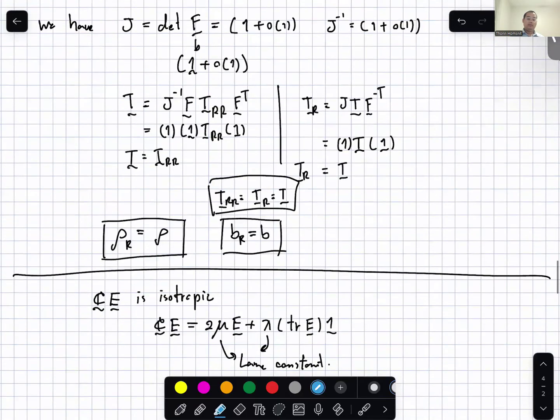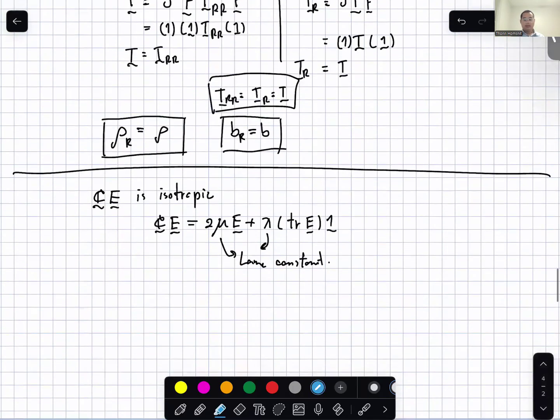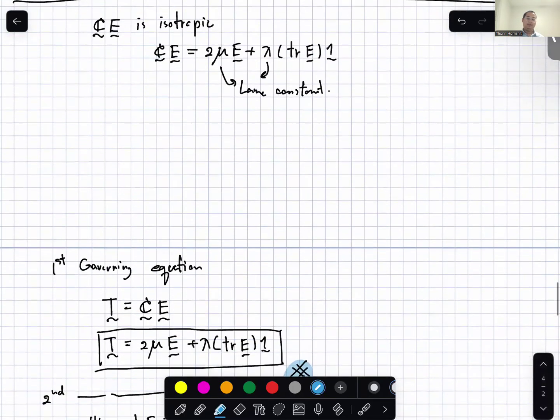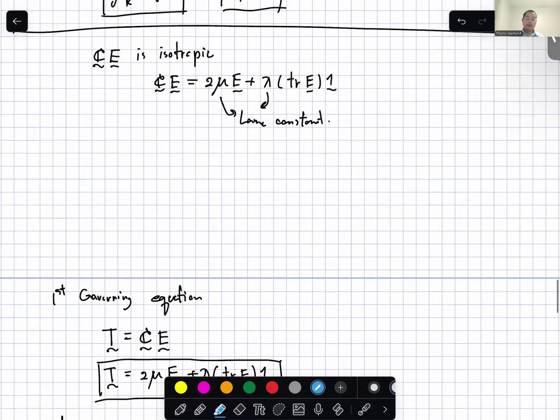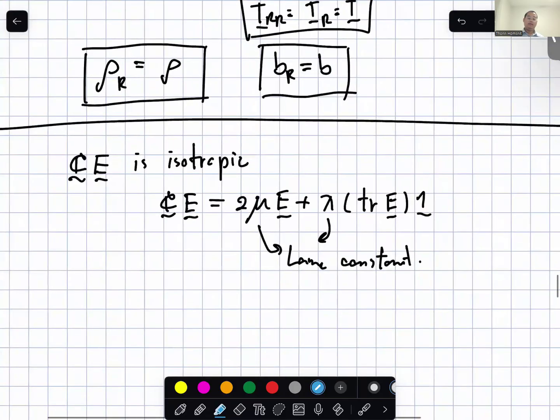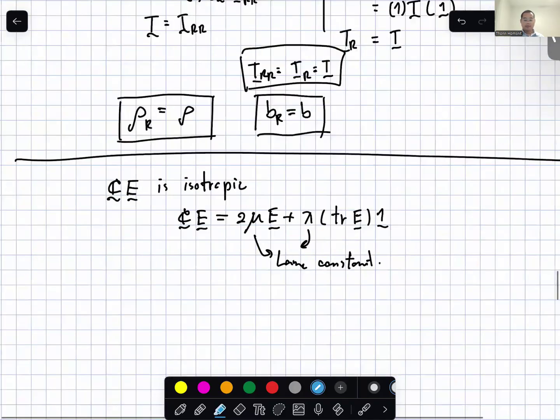We can also see that there's some interchangeability of the variables between the current configuration and reference configuration that we can substitute back into the earlier equations to get the governing equation. Most importantly, the C, the elasticity tensor times the Lagrangian strain tensor, if it is isotropic, is going to look like this.